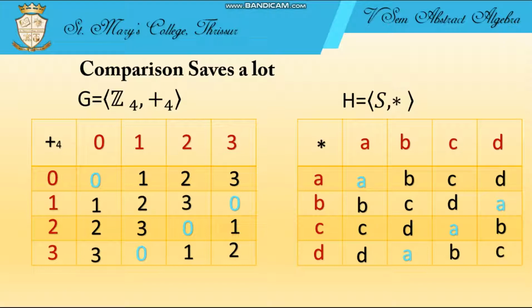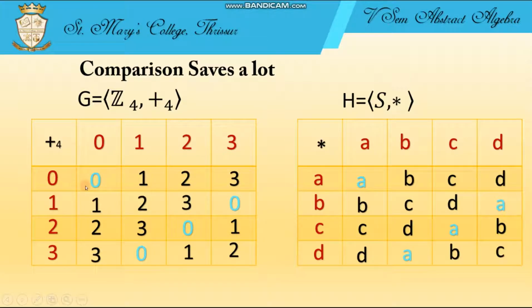Now we have to check whether these identity elements are positioned in exactly the same way or not. Here zeros are placed like this, A's are placed like this. So comparison is possible. If identity elements are not placed in a similar way, then we can easily say that we cannot compare. Here the 1s and the B's are placed in almost the same places, the 2s and the C's are placed like this, and the 3s are in a row, and the D's are in a row.